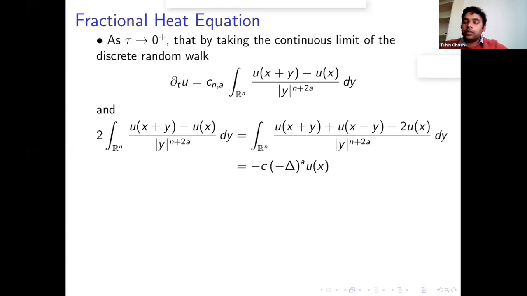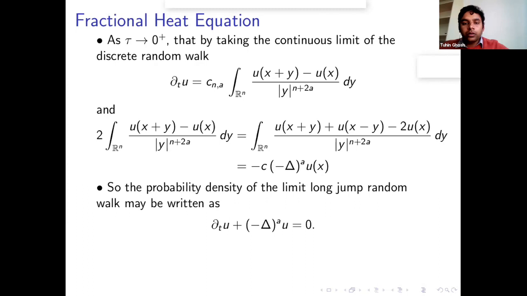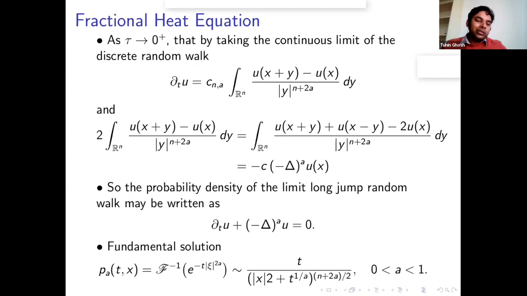so that's one part. If you take this limit, we get back the fractional diffusion equation, which is written here: partial_t u plus Laplacian to the power A of u equals 0. Here I just wanted to tell you that you can try to find the fundamental solutions, just to understand how this diffusion process works.